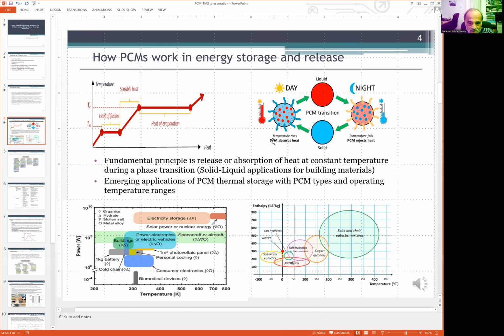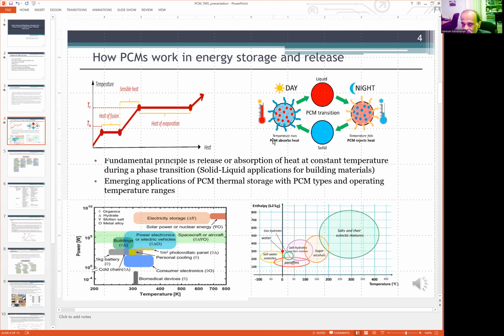Now, the left chart shows basically the temperature versus enthalpy of heat, and how there is a large amount of heat compared to the sensible heat that's emitted or absorbed at a constant temperature. Now, this is the fundamental principle.